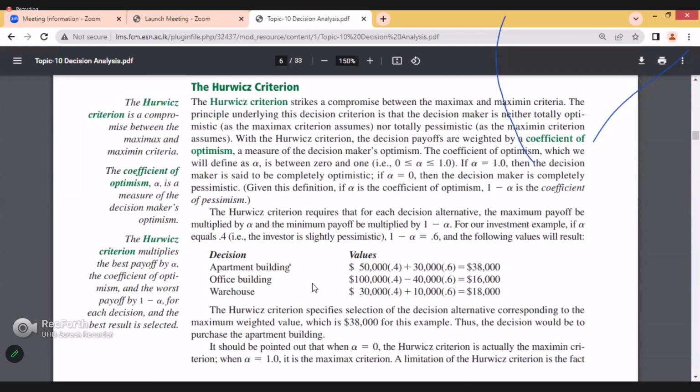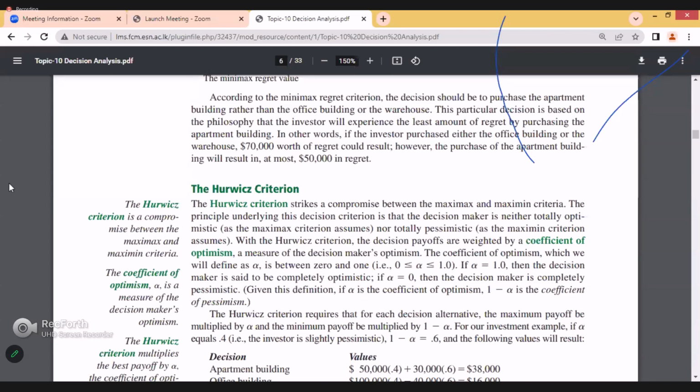This is actually the criterion where they use what is called the coefficient of optimism. Don't misunderstand, because all these things are non-probability decision making. Probabilities are not known. Probabilities are not tested. So therefore here the coefficient of optimism is given.